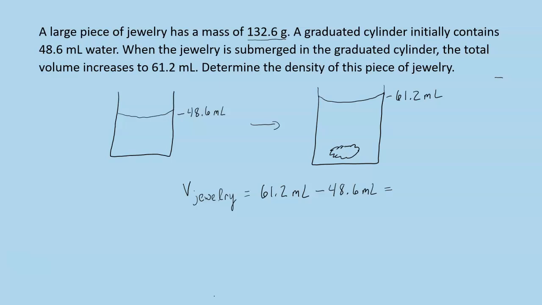When we are adding and subtracting, we want our final answer to be reported to the same decimal place as the shortest decimal place in the numbers that we use, which is the tenths place in this case. So we should get back 12.6 milliliters for the volume of the jewelry. Once we have that, we can then calculate the density, which is equal to the mass, 132.6 grams, divided by the volume of the jewelry, which is that 12.6 milliliters.